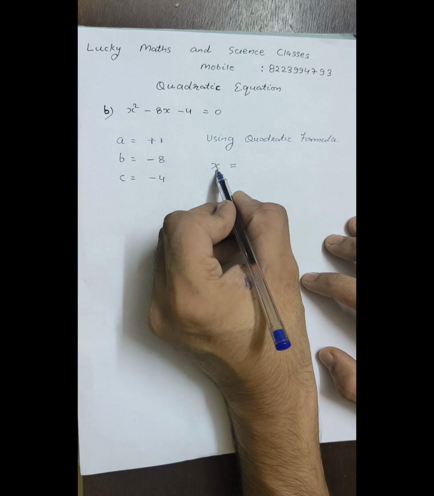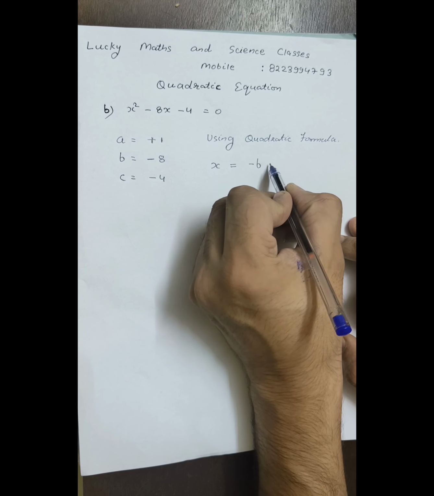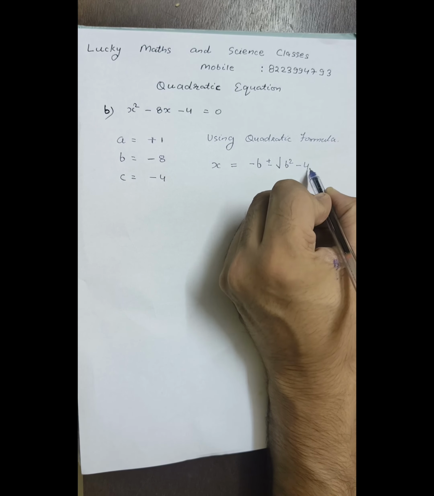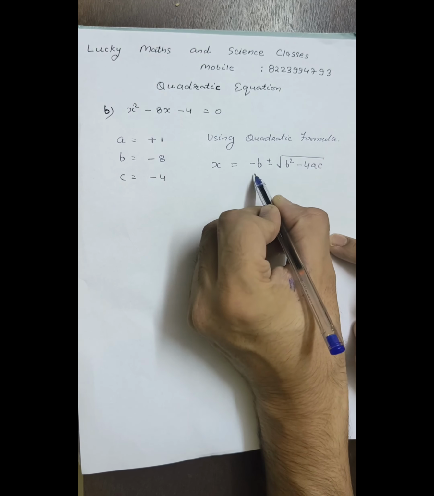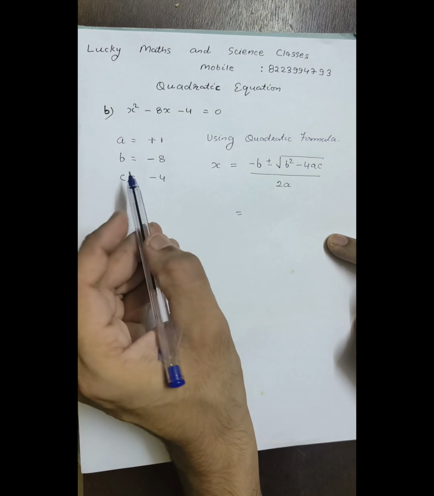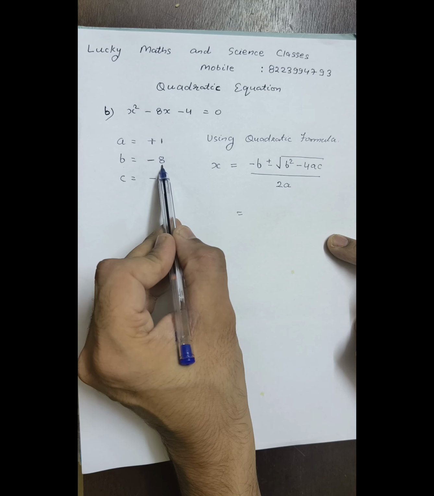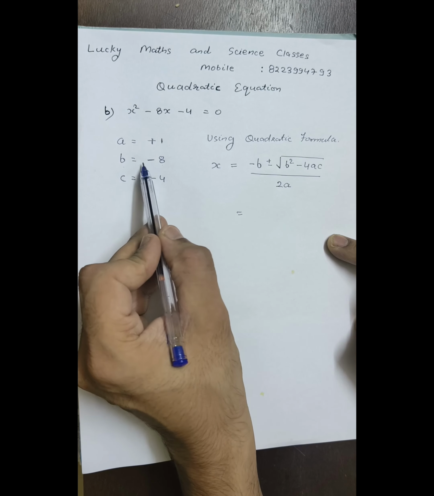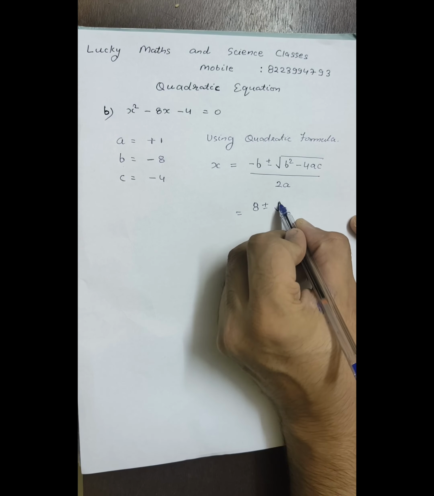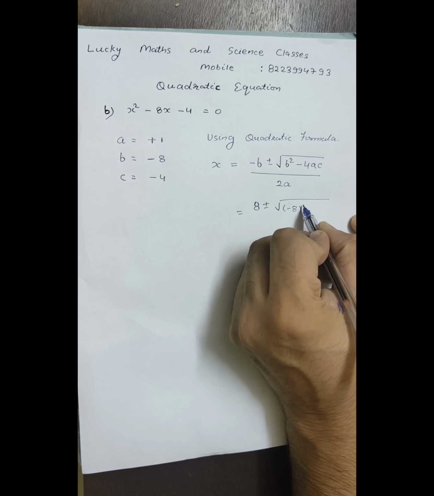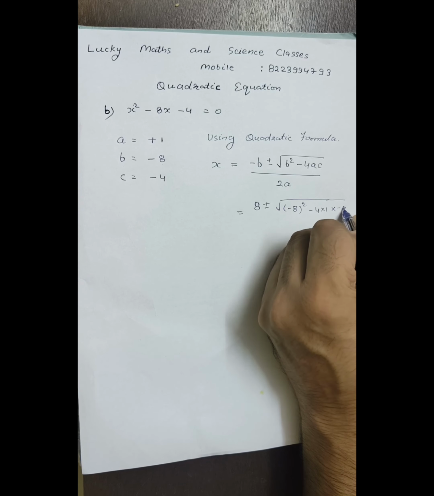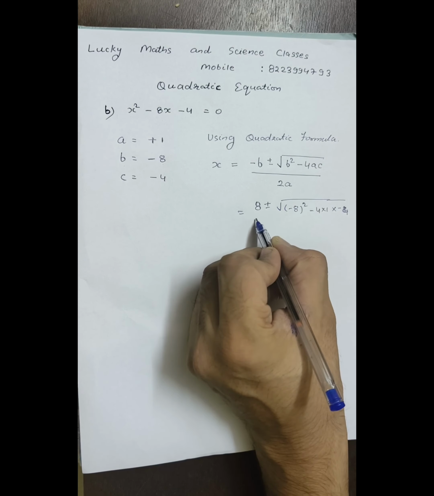Using the quadratic formula, x is equal to minus b plus minus under root b square minus 4ac, whole divided by 2a. If the value of b is minus 8, then minus b should be equal to plus 8. 8 plus minus under root minus 8 whole square minus 4 times 1 multiplied by minus 4, divided by 2 times 1.